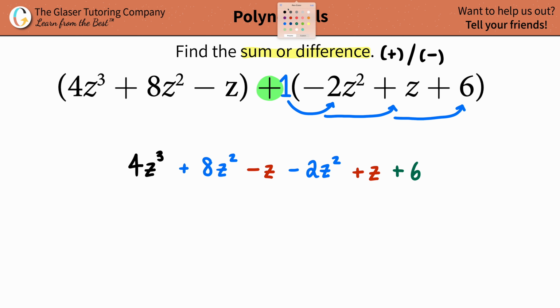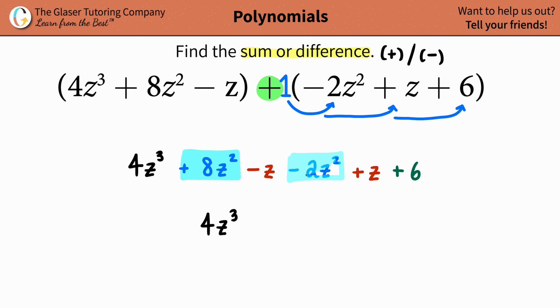So since we have just 4z cubed, I'm just writing that, 4z cubed. You do not have to do anything with that. Now let's go to the 8z squared. The positive 8z squared needs to be simplified with the negative 2z squared.